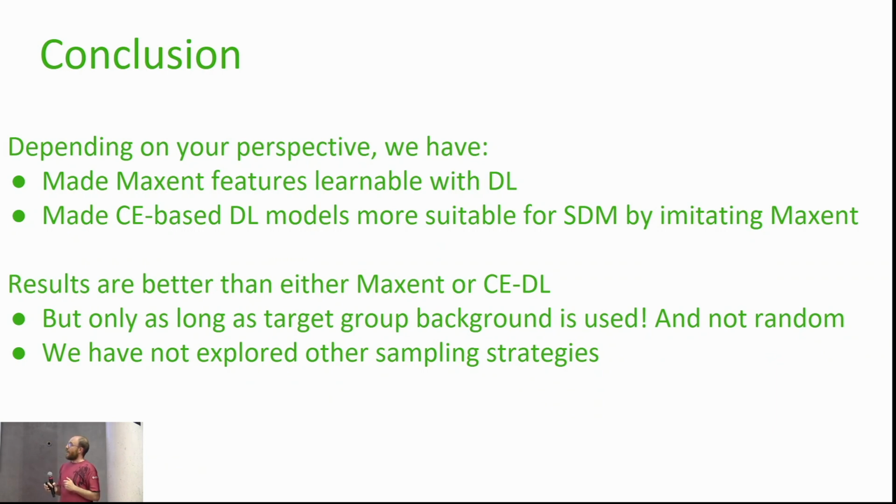In general, we obtained results that are better than classical deep learning losses and better than classical Maxent, but only as long as target group background is used. If we use just random points for the pseudo absences, we don't really obtain an advantage. We haven't explored other sampling strategies, which is maybe something worth doing in the future.